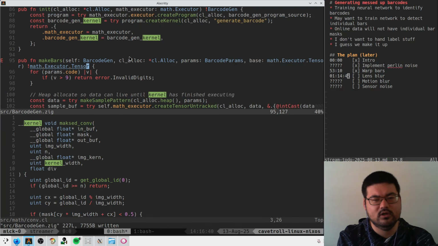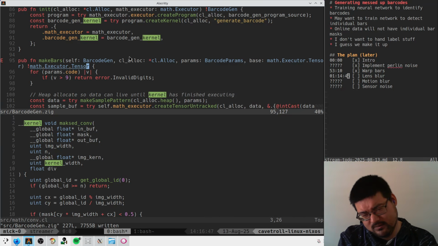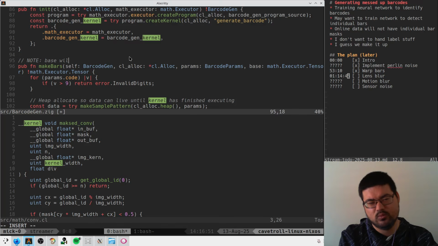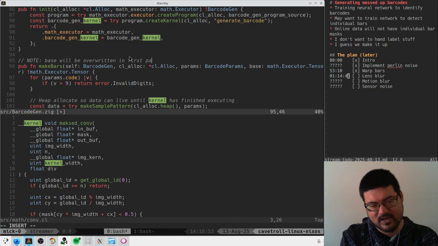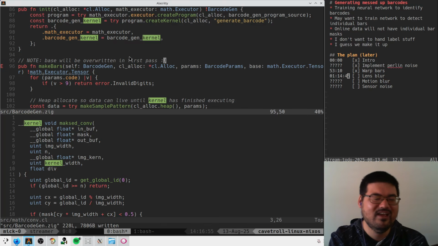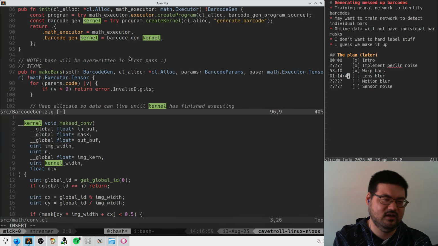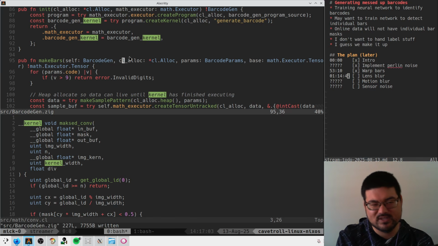So I guess we are allowing him to mess up the base. Note, base will be overwritten in first pass smile, right? Maybe that's stupid. Maybe we shouldn't be doing that. Fix me. Maybe we just shouldn't do that. That's fine.